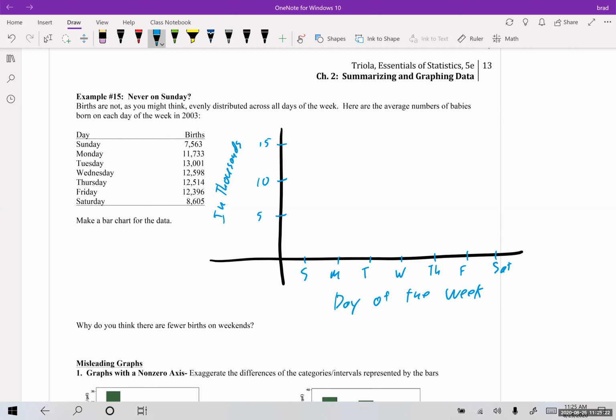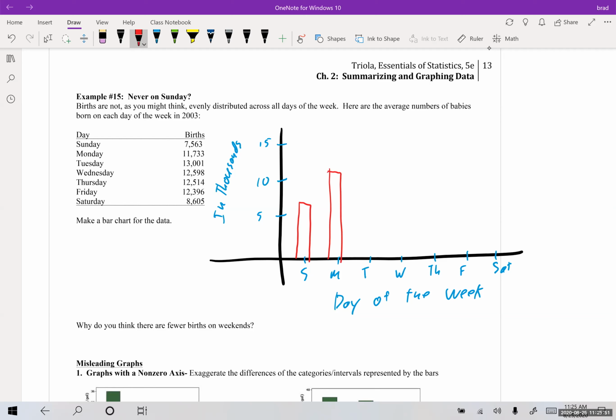Then I'm just going to draw bars to represent our estimate for the values. On Sunday there were 7,500 births, so here would be about 7.5. I'm going to draw a bar right here. Then on Mondays there were 11,700, so that would be almost 12.